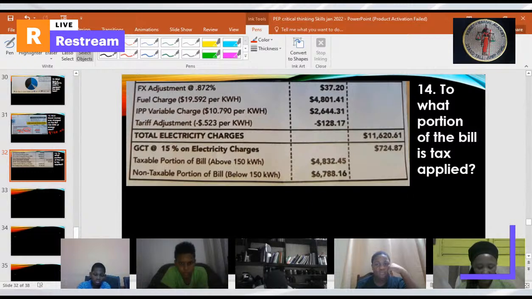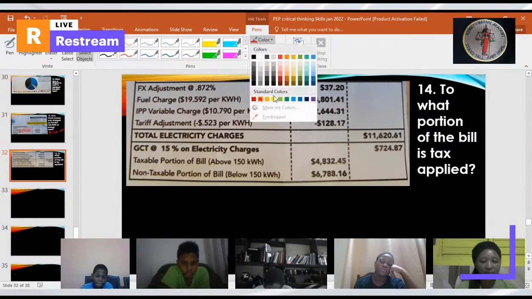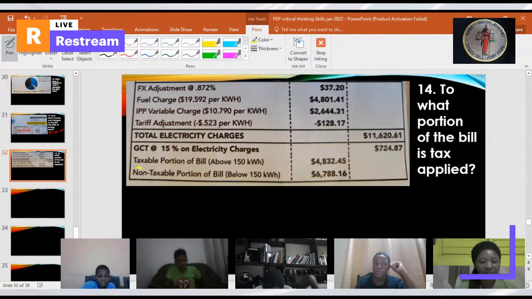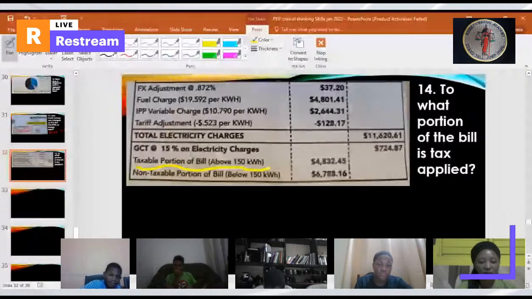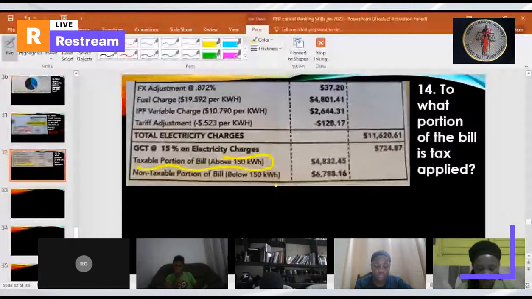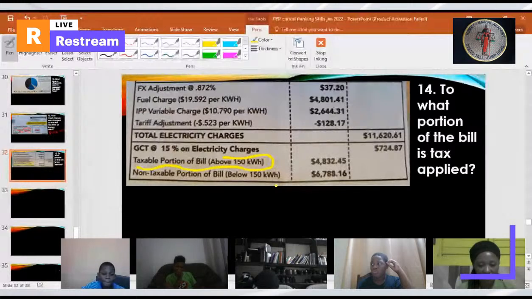The bill says, let me highlight that part: taxable portion of the bill above 150 kilowatts. So only the energy used above 150 kilowatts is taxed, not the first 150 kilowatts. So that's what that means.